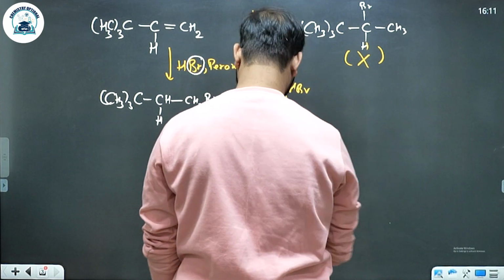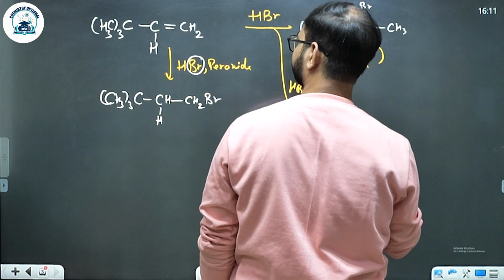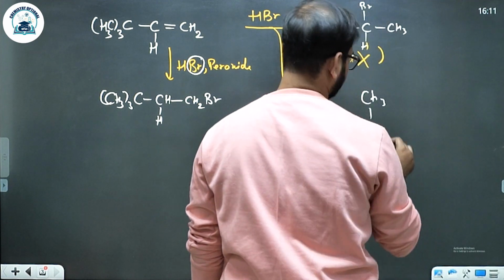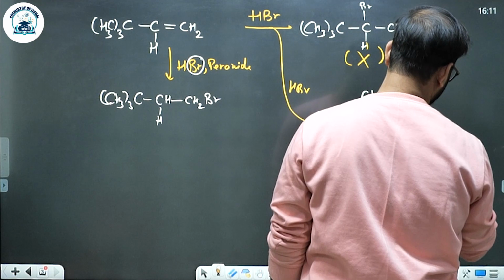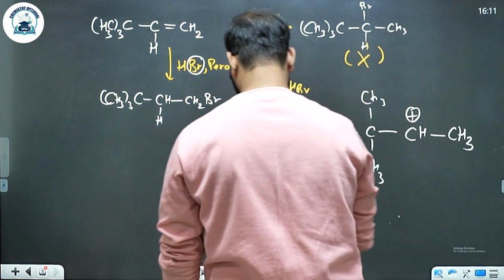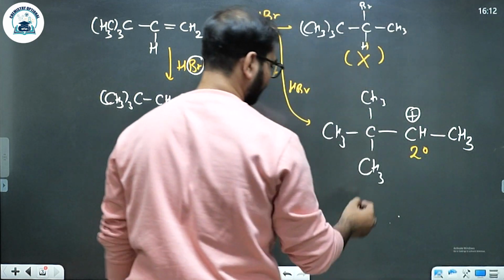First, it will lead to the formation of a carbocation, CH3, C, CH3, CH3. This will be a carbocation right here, and this will form CH3. Now this carbocation right here is a secondary carbocation.